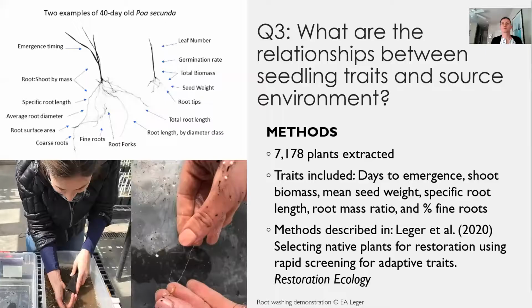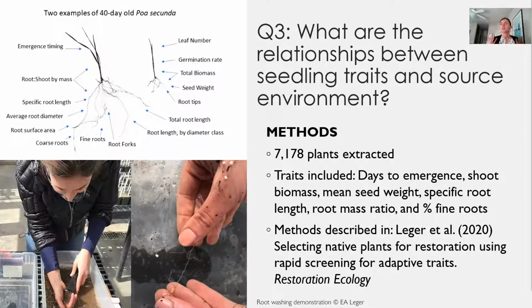So using the same wild harvested seeds from these past two questions, we then designed a study to answer the final set of questions, looking at how traits and climate were related to survival. For this, we established a new greenhouse common garden that extracted shoot and root traits for all taxa populations.